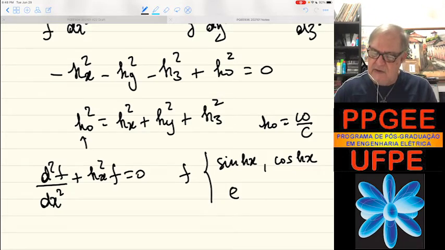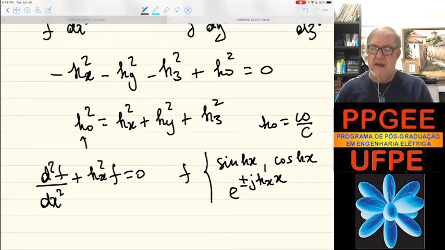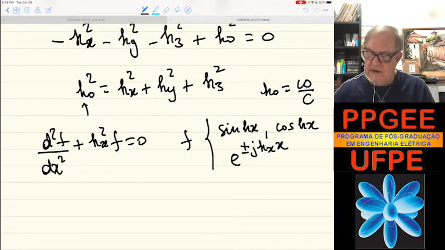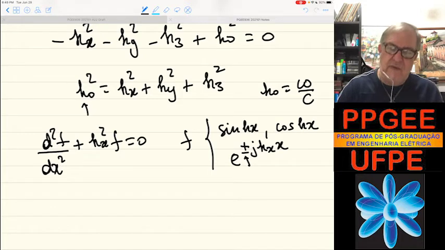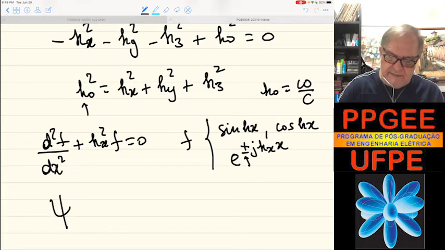So I can use those types of solutions, right? Similar solutions for G and H. Okay. One specific combination, I'm going to use the minus sign, then we're going to understand what the sign means. Okay, so I have two linear independent solutions, right? Plus or minus j kx x, for instance. So one specific combination is this one.